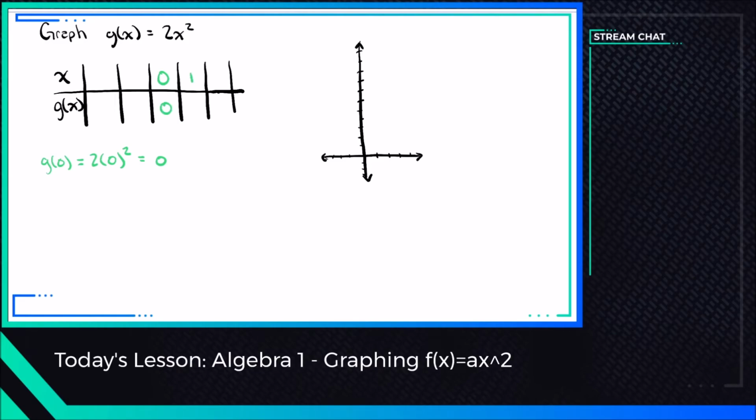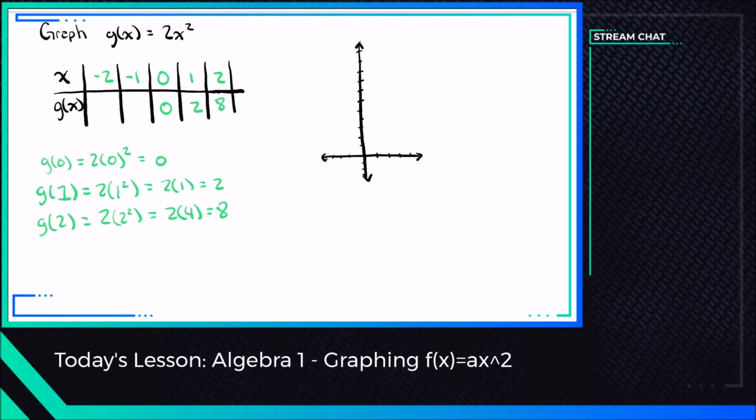And then we're going to go 1 and 2 on the left-hand side, and -1 and -2 on the right-hand side, or vice versa. So let's plug in g of 1. That is going to be equal to 2 times 1 squared, which is equal to 2 times 1, which is just equal to 2. And then g of 2 is equal to 2 times 2 squared, which is equal to 2 times 4, which is equal to 8.